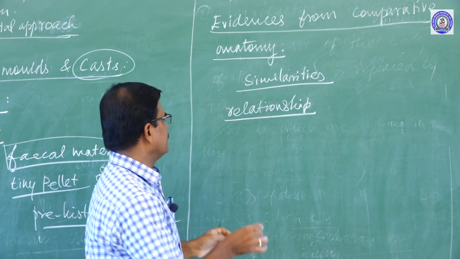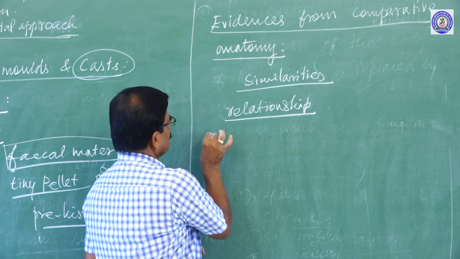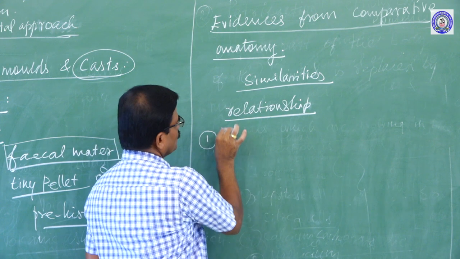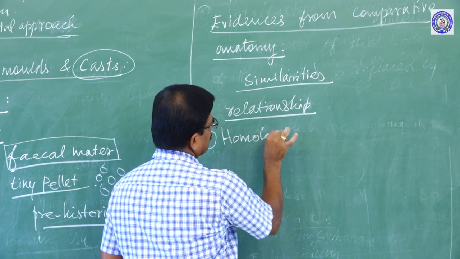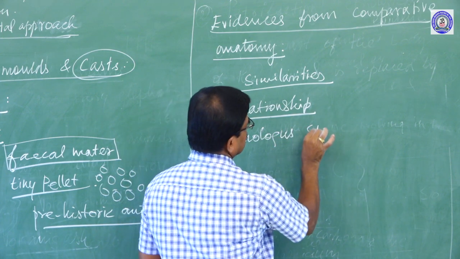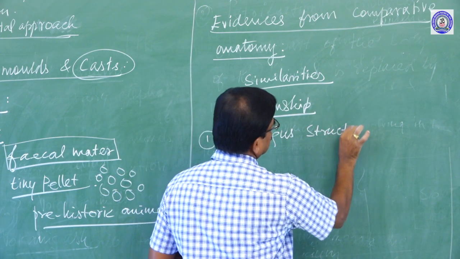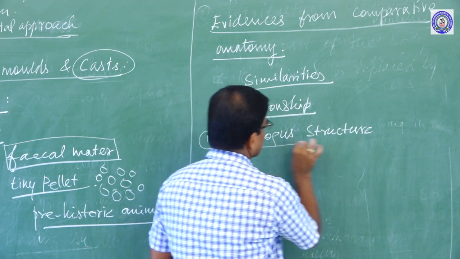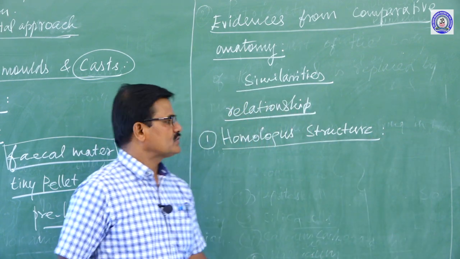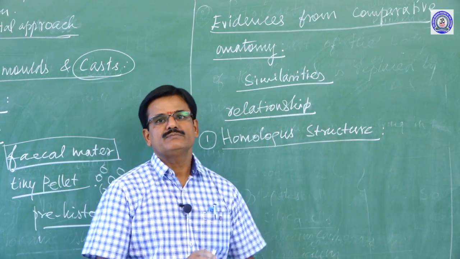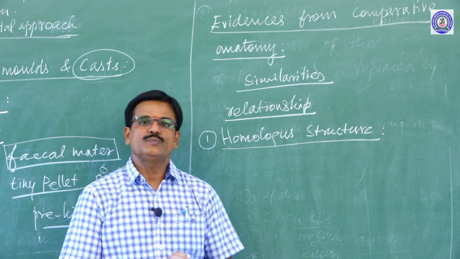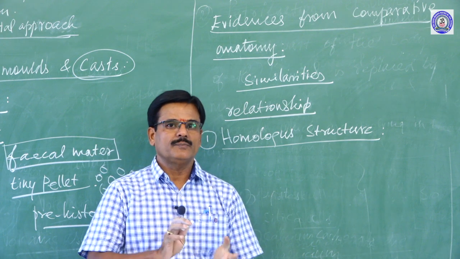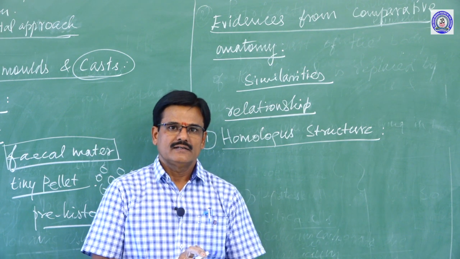They can be studied under two headings. First one is homologous structure. What is meant by homologous structure? The structures seem to be the same, but they perform different functions.